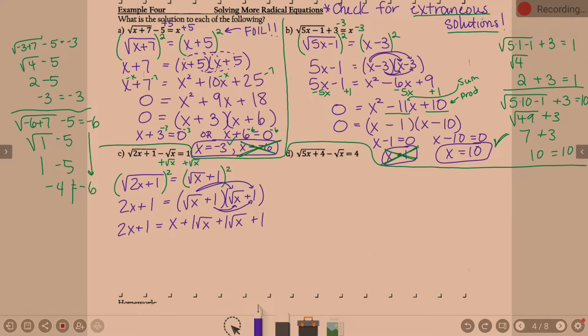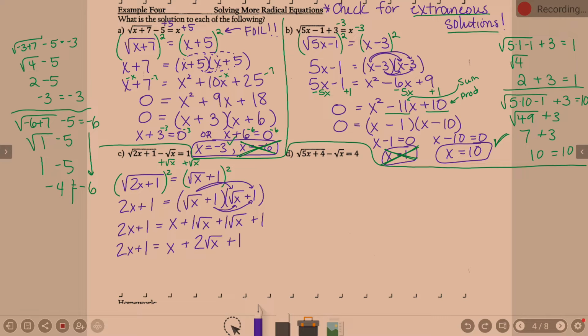We didn't get rid of our radicals. Okay, we're closer. If you clean this up on the right, stay with me. 2x plus 1 still on the left. What is 1 square root of x plus 1 square root of x? 2 square root of x. So on the right, I have x plus 2 square root of x plus 1.